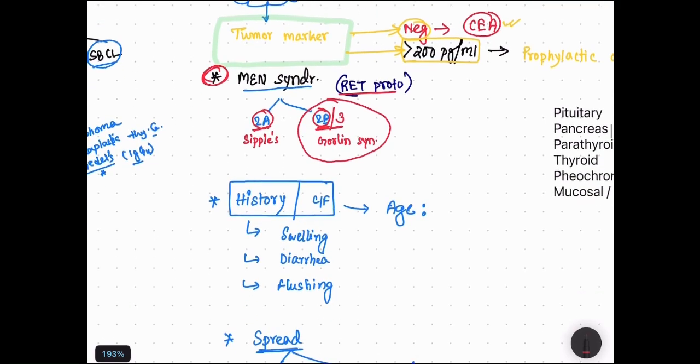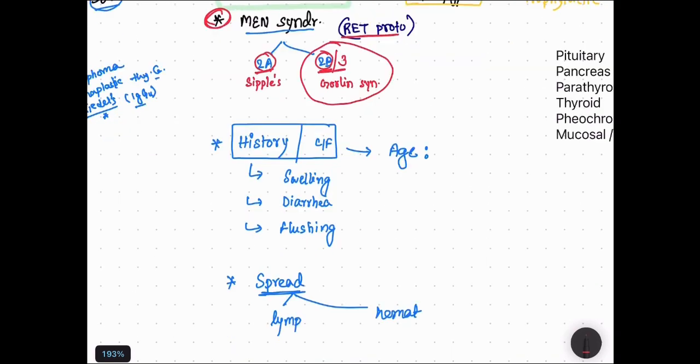How the patient will present to us, there will be a typical history provided. Yes, the patient will be having swelling, okay, but more of the patient will be having some other features like diarrhea and flushing. Okay, the diarrhea is because of increase in serotonin. The flushing is because of increase in histamine. Now, the age group that is typically involved is the younger age group, the familial one.